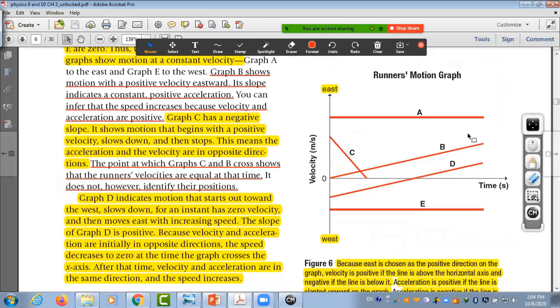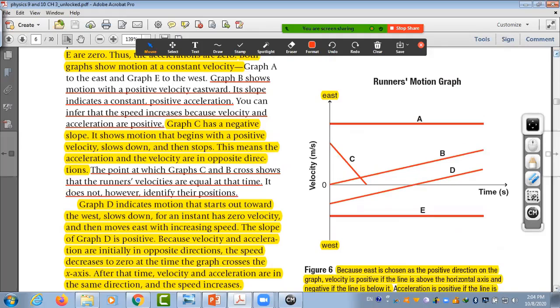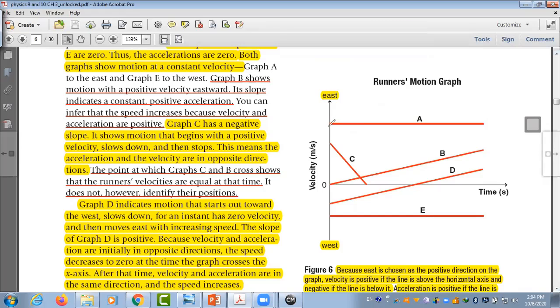This graph, when you have a velocity time graph. If you have a value here, let's take line A. If this value is, let's say, 20. Line A and line E, they are horizontal, right?